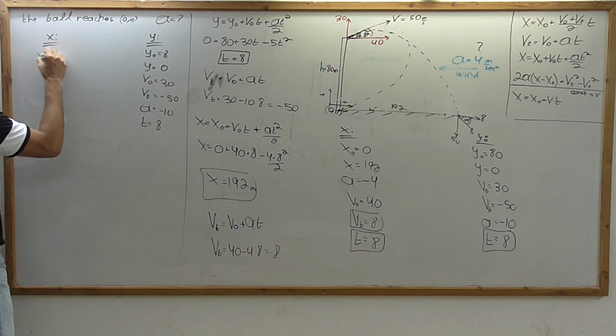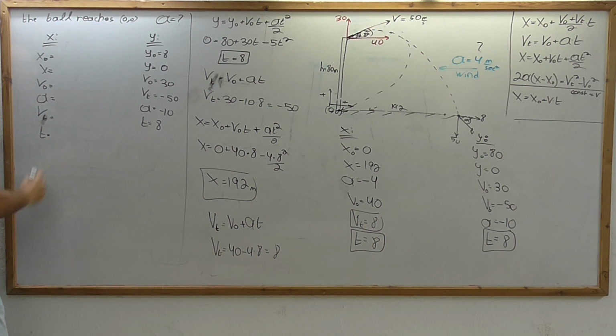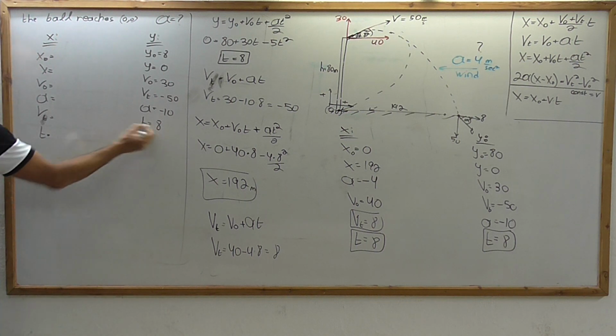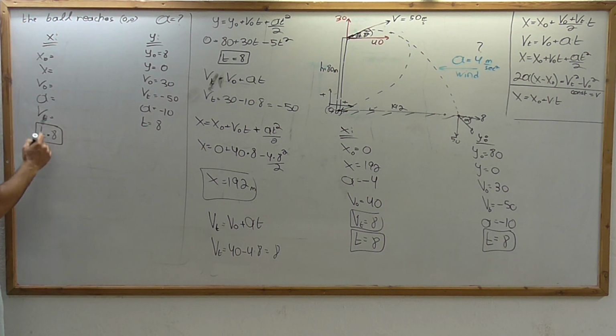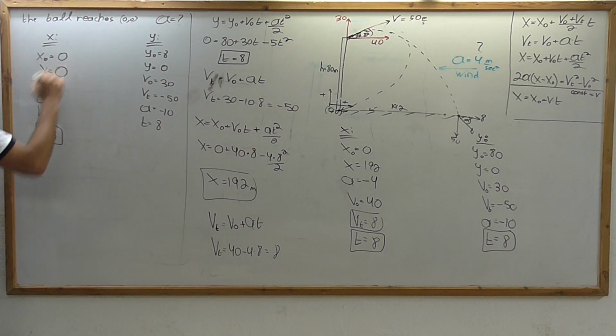But in the x, something is missing. Again, if I have 8 seconds here, it will be 8 seconds there. Initial x is 0. I want the final position to also be 0. The v0 is 40. So this is the question. What will a be?